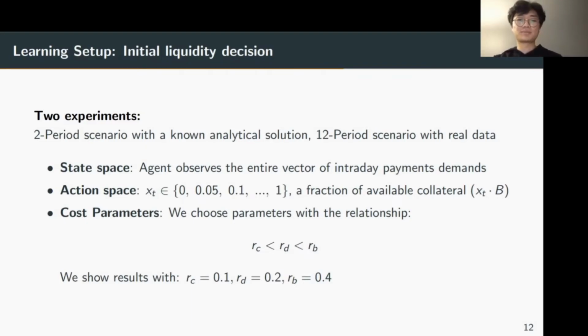The cost function is represented by the addition of the cost of collateral pledged to the system, the sum of delay cost per period, and finally, the borrowing cost for any liquidity shortfall at the end of the day. We chose a configuration of the relative costs that impose a realistic relationship observed in the actual payment system. To observe robustness, we run our experiments 50 times independently so we can determine the stability of solutions given by our reinforcement learning algorithm.